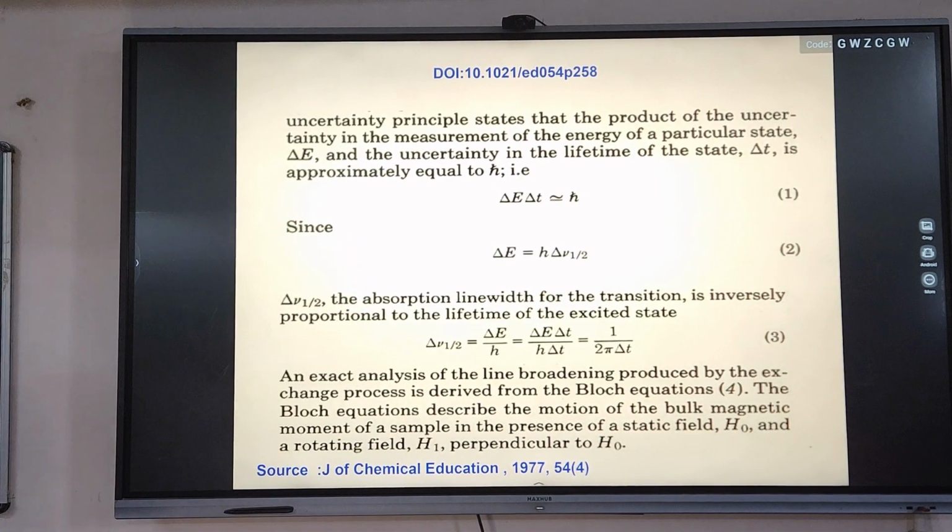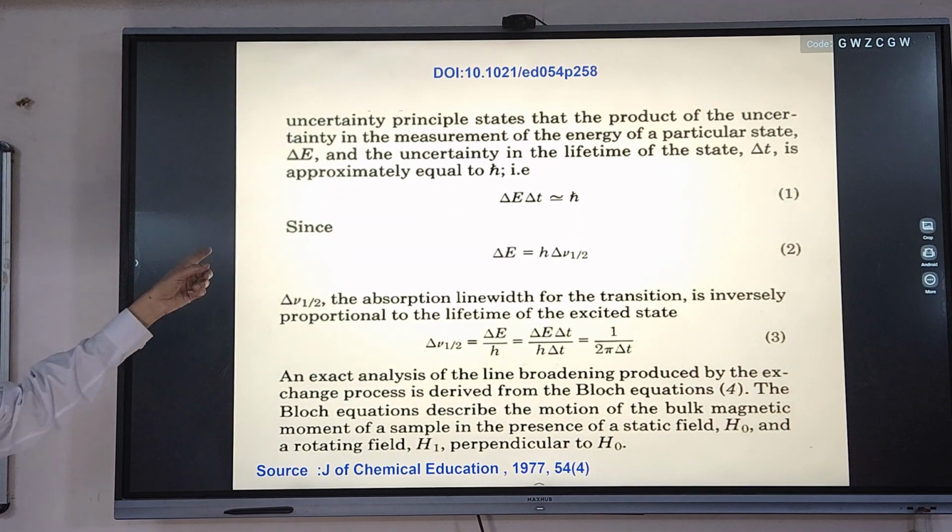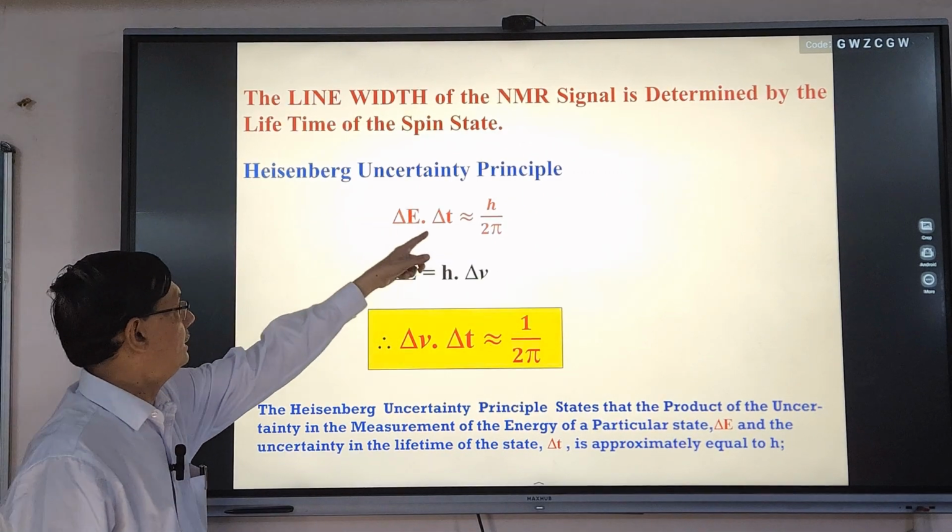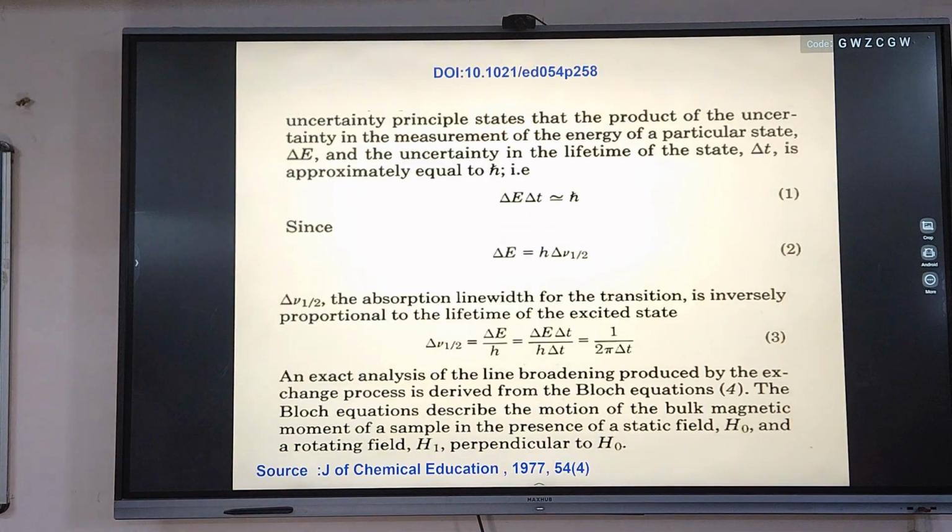Read it very carefully: the uncertainty principle states that the product of the uncertainty in the measurement of the energy of a particular state and the uncertainty in the lifetime of the state.